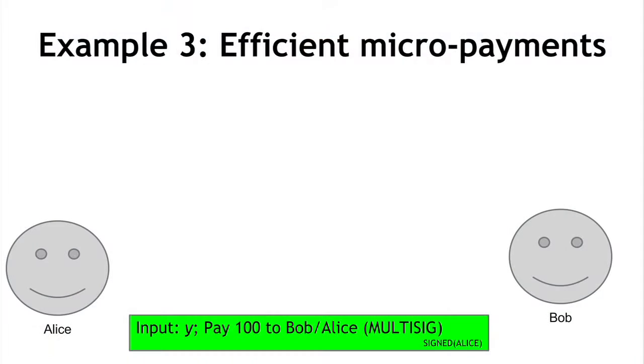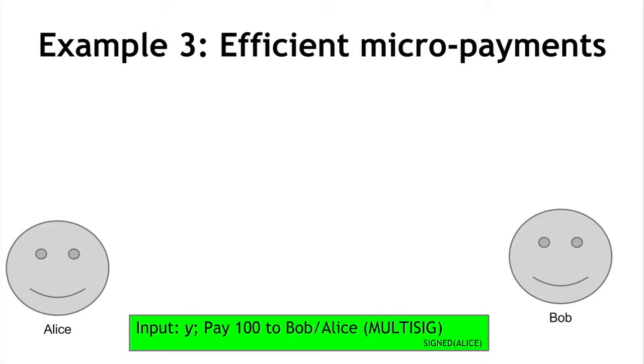So if the value of each one of these transactions is on the order of what the transaction fees are, you're going to be paying quite a high cost to do this. So what we would like is if you can combine all these small payments into one big payment at the end. And there's actually a neat way to do this with serial micropayments.